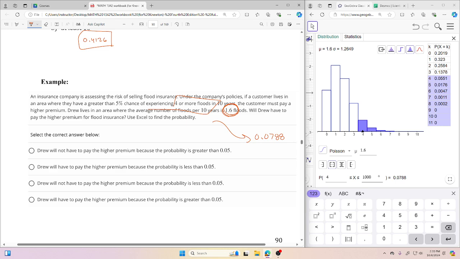So he's got a 7 or 8% chance of having 4 or more floods. But they said if it's greater than 5%, then it's not cool anymore.